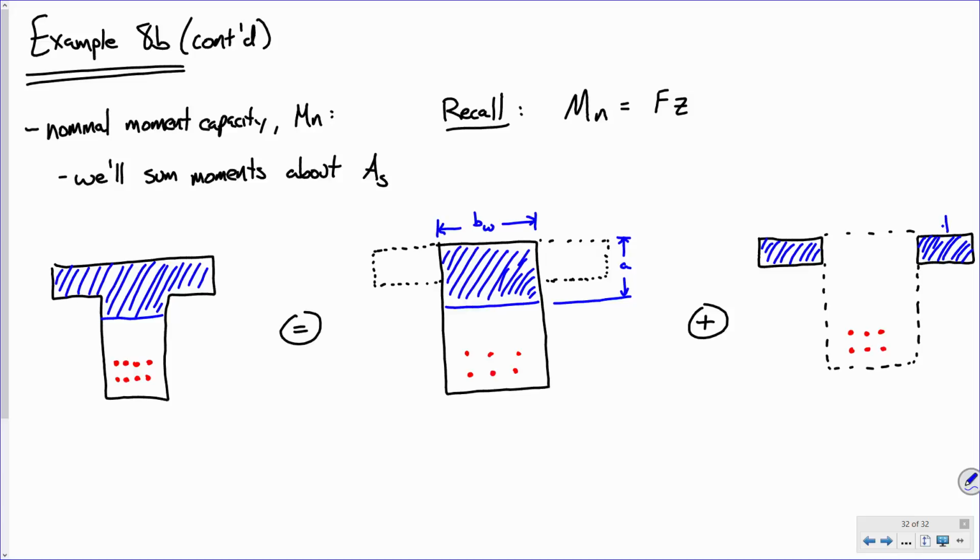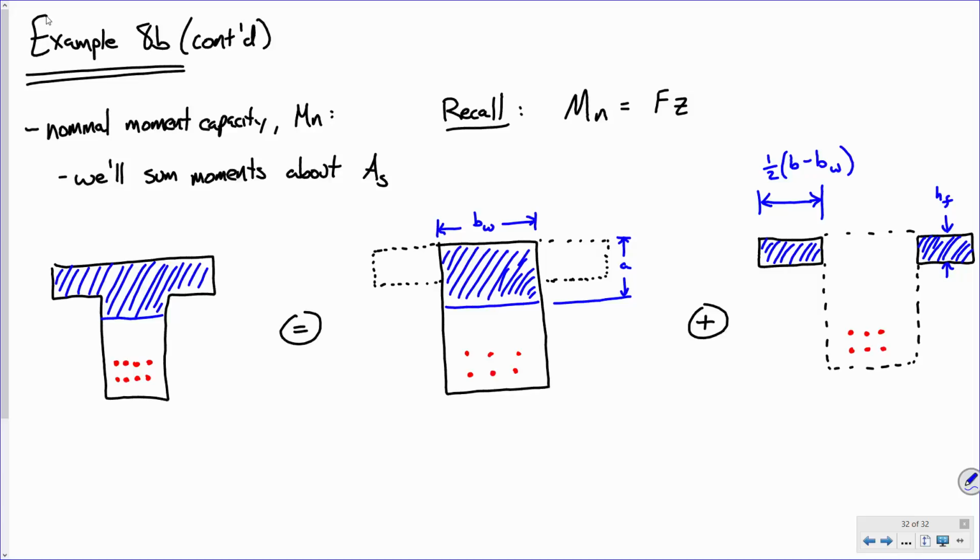What is this dimension right here called? h_f. All right? Now, let's look at this one. How wide is that? All right, one half (b minus b_w). Exactly right. Does everybody else understand that? Everybody okay with that?